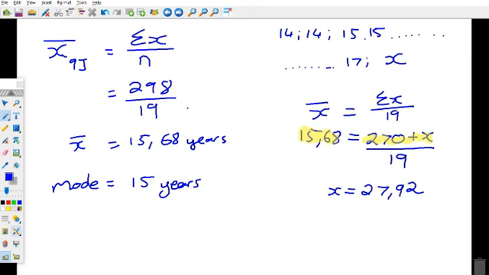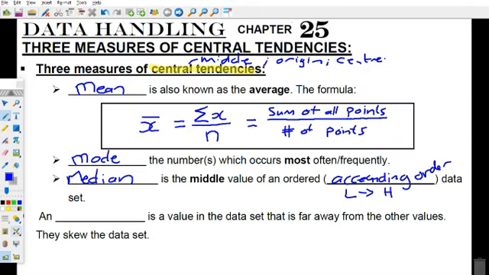What was my average? 15.68. Was it exactly 15.68? No, it was recurring, so we rounded off. If we round off too soon, we're going to get this. Now let's have a look.